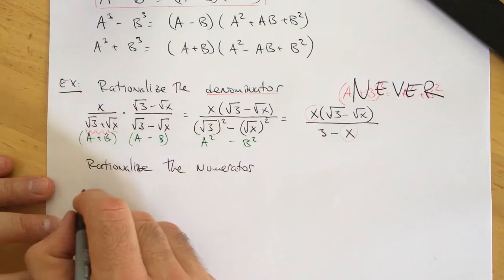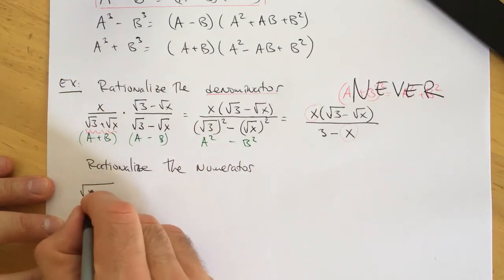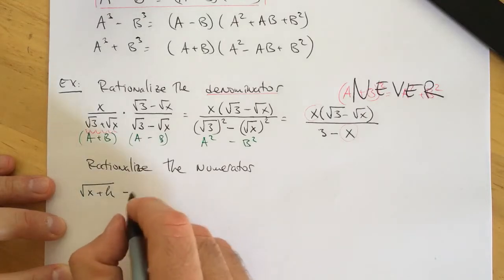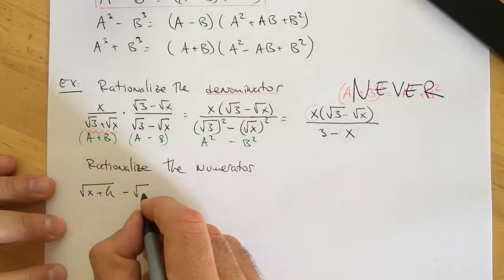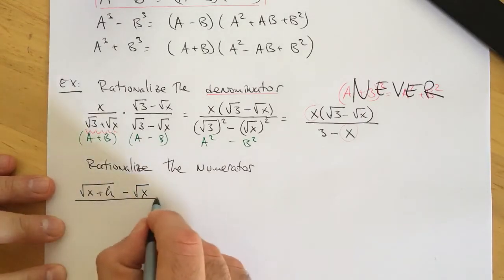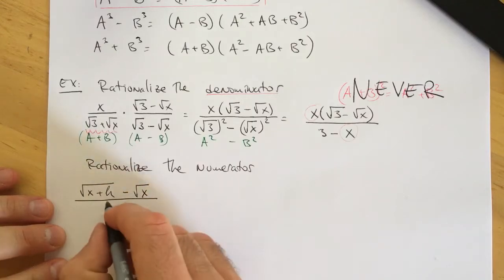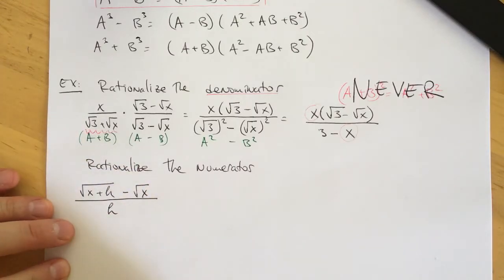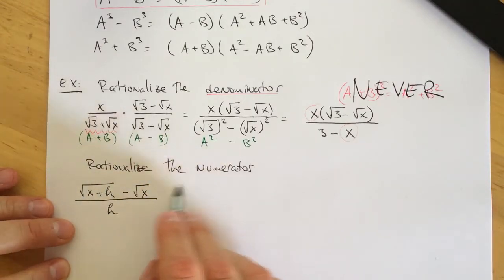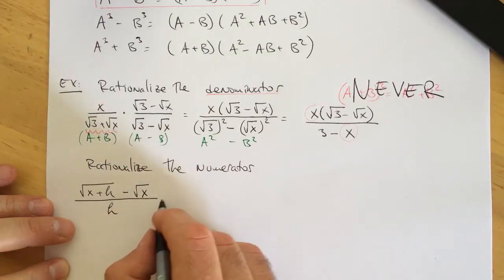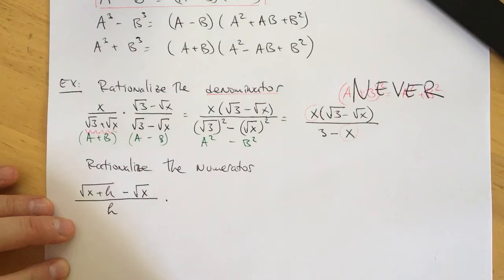Okay, and here we have a square root of x plus h, and I'm pretty sure you will see this expression when you're going to do limits, or when we will define what the derivative is, divided by h. Okay, I want to rationalize the numerator, which means that I have to multiply it by its conjugate.